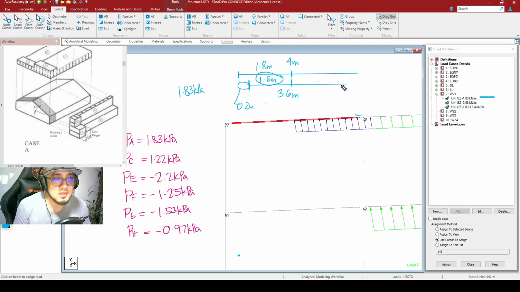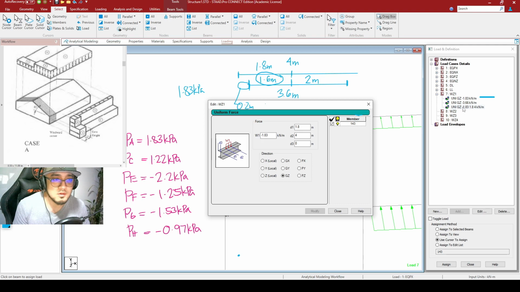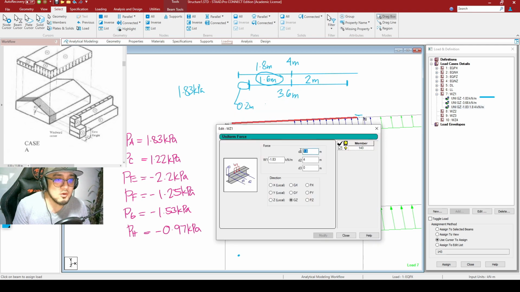As for your D2, since this is 1.6, this is now 3.6 minus 1.6, which is equal to 2 meters. So what are we going to do right now? Click on the load that we have produced. For our D1, this is now equal to 1.6.